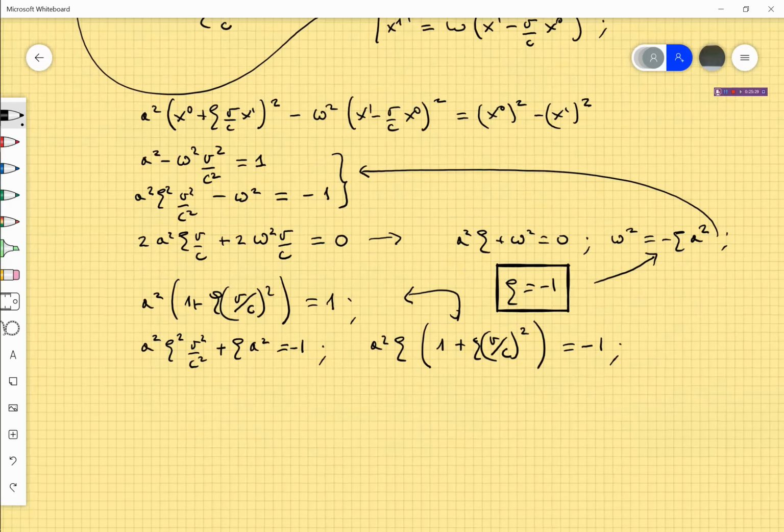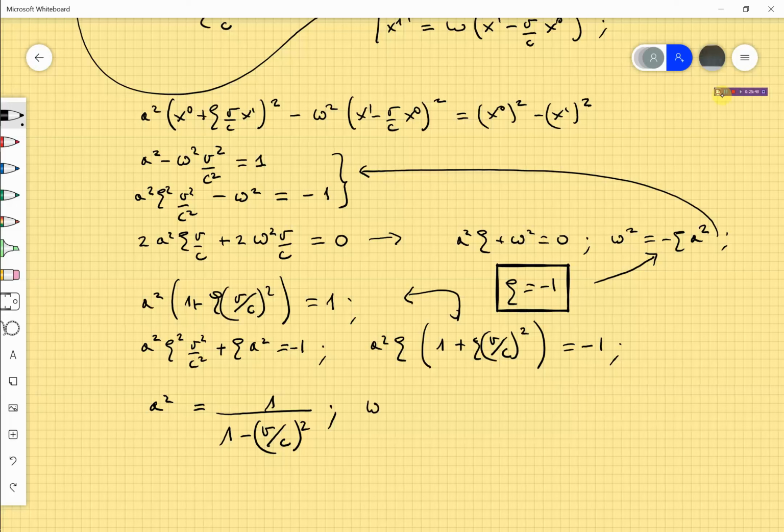And okay, from this you get that A squared is equal to 1 divided by 1 minus V divided by C squared. Another relation that you find is that omega squared is equal to the same.